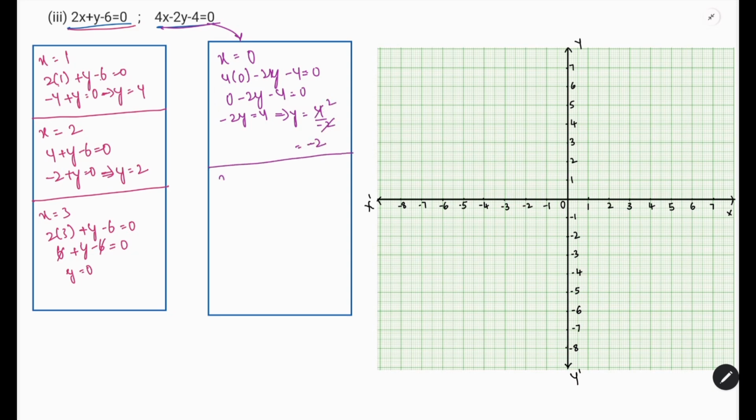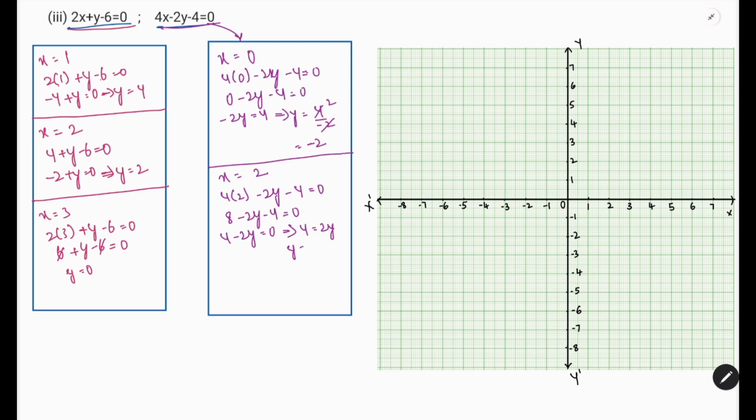Okay. If x equal to 2, so 4 into 2 minus 2y minus 4 equal to 0. So 4 into 2 is 8 minus 2y minus 4 equal to 0. 8 minus 4 is 4 minus 2y equal to 0. So if you bring minus 2y to the right side, it will be plus 2y.